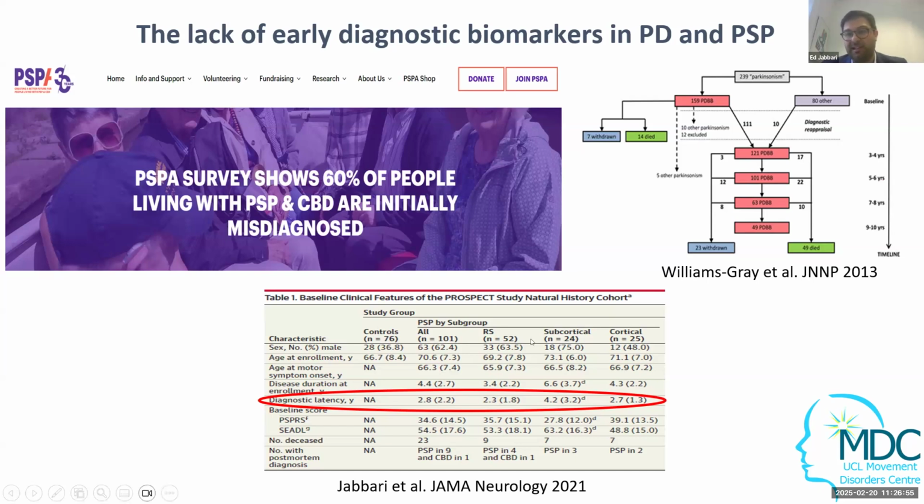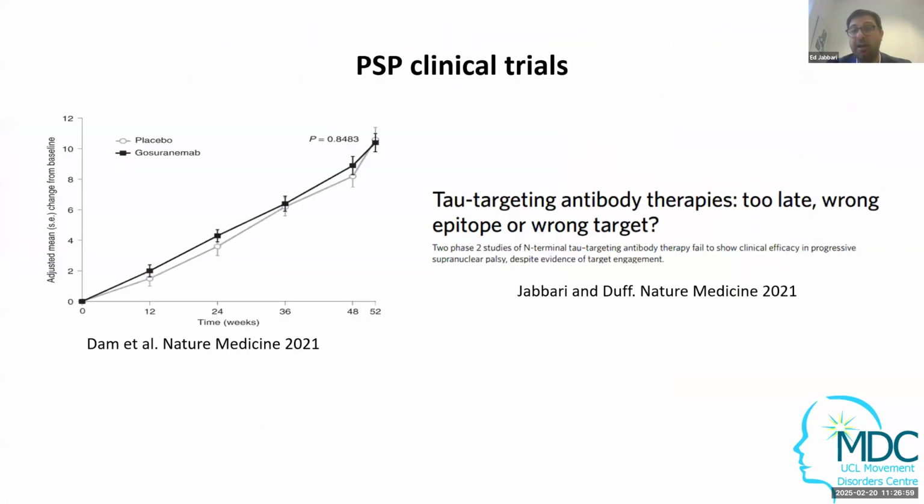So not only does it lead to diagnostic uncertainty for patients, but the other big problem that it leads to is for clinical trials. So in the latest large-scale international tau antibody trials for PSP patients, which unfortunately were negative, the average disease duration for a patient that entered this trial was 3.5 years, which again highlights this problem of delays in diagnosis.